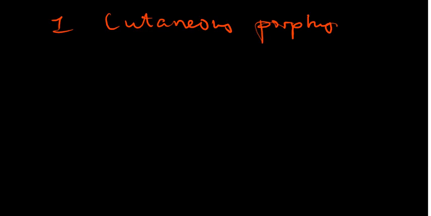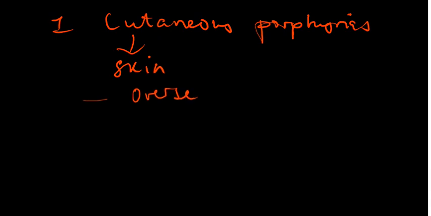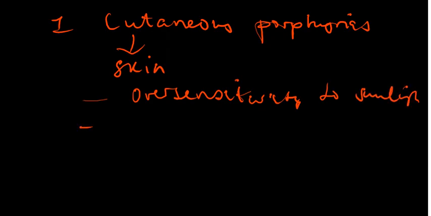These are cutaneous because they affect the skin, and some of the symptoms that can be seen are: one, oversensitivity to sunlight; two, shrunken gums; three, blisters on the skin.